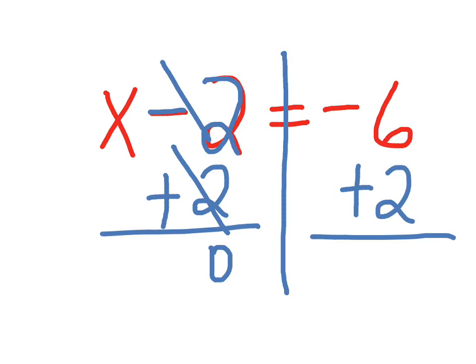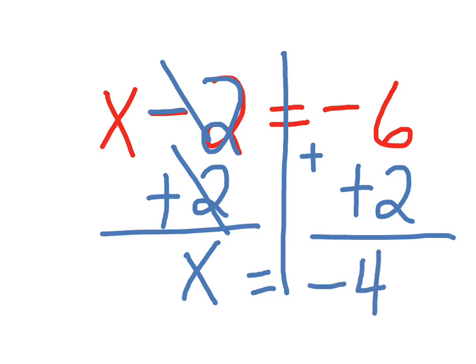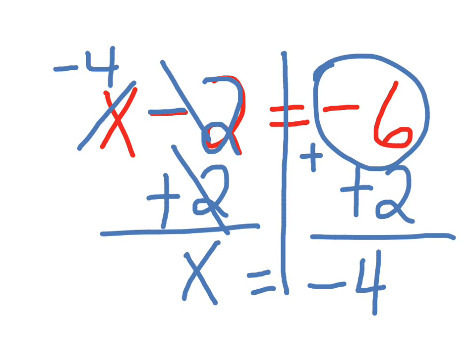You don't have to really write that down. So bring down x, bring down the equal sign, and then negative 6 plus positive 2, or negative 6 plus 2, is negative 4. So negative 4 minus 2 equals negative 6.